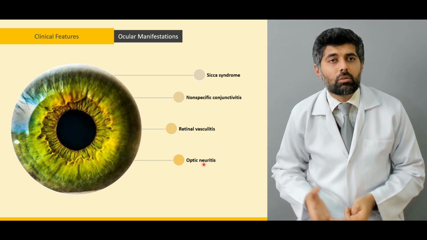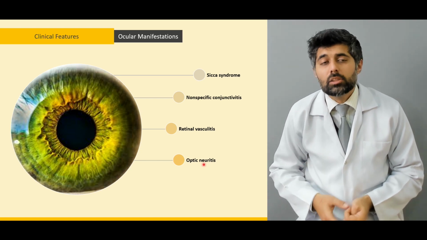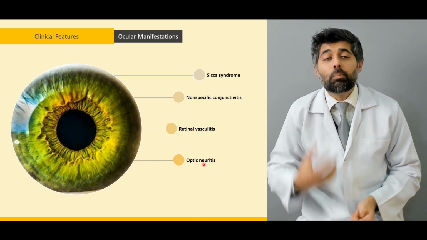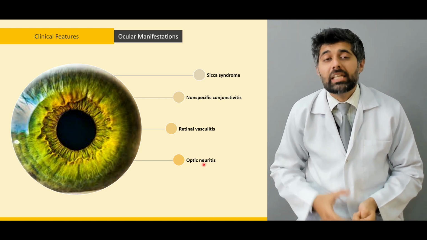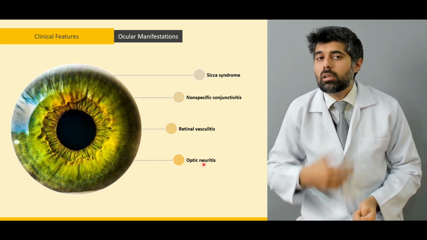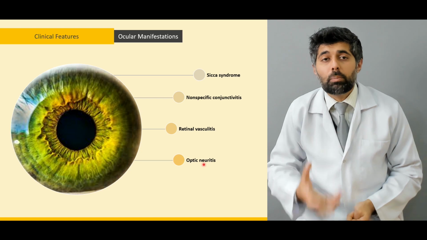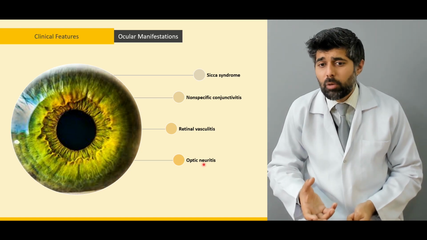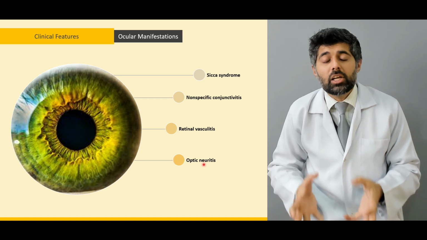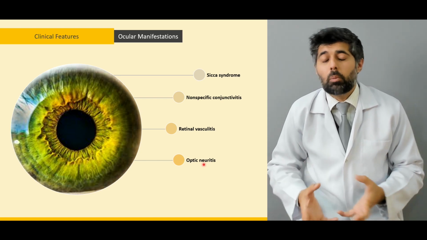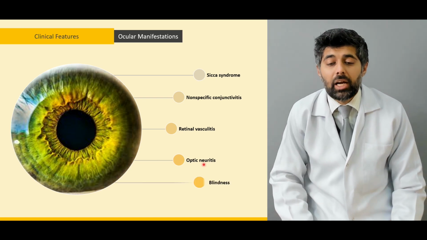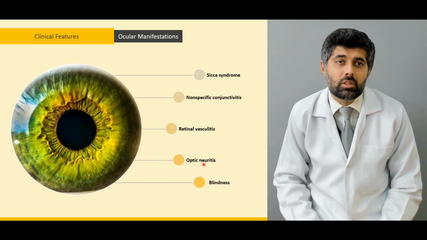Sometimes optic neuritis or retinal vasculitis can happen, and both of these are very serious conditions, because in optic neuritis, the optic nerve is compromised, and in retinal vasculitis, the vasculature of the retina is compromised. Both of these lead to blindness in the patient.